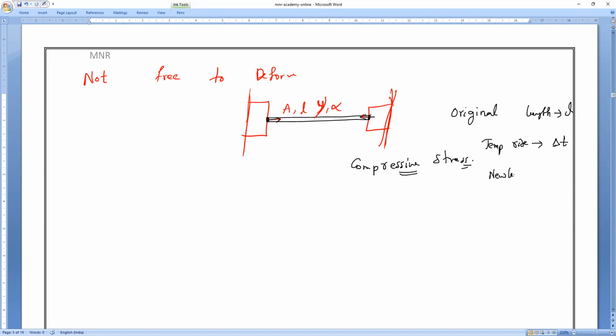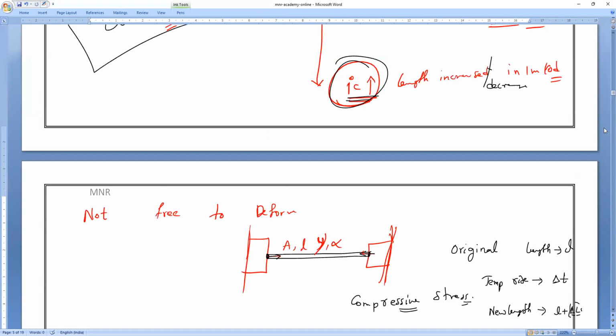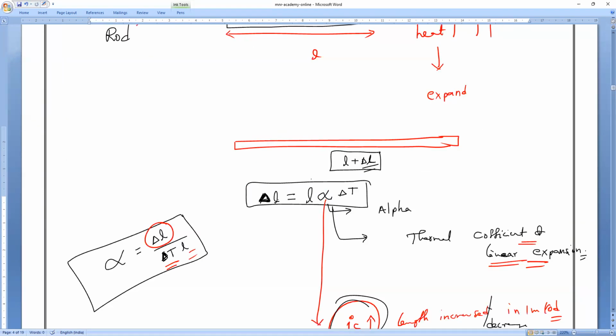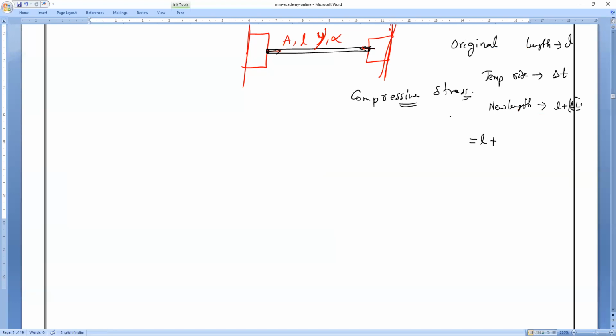So let me take the new length, whether it is negative or positive, as L plus delta L. Delta L means it may be decreased or increased, it doesn't matter. And delta L, just now we got the formula: delta L is L into alpha into delta T.